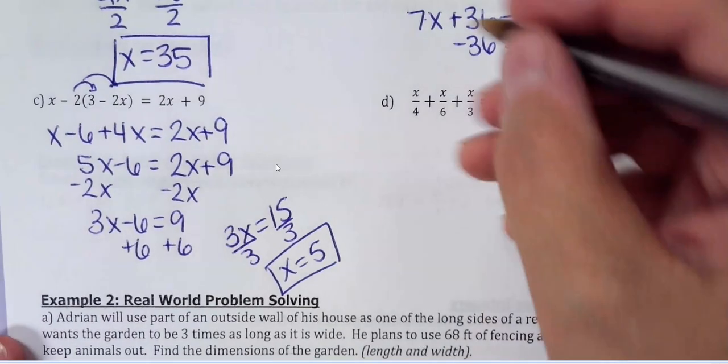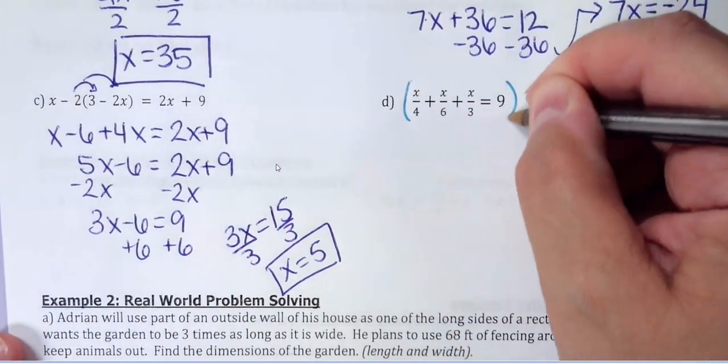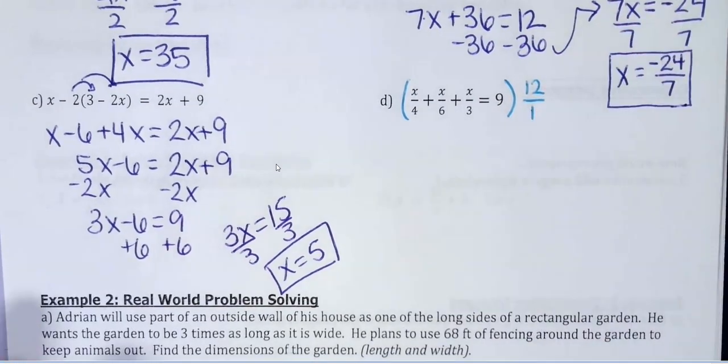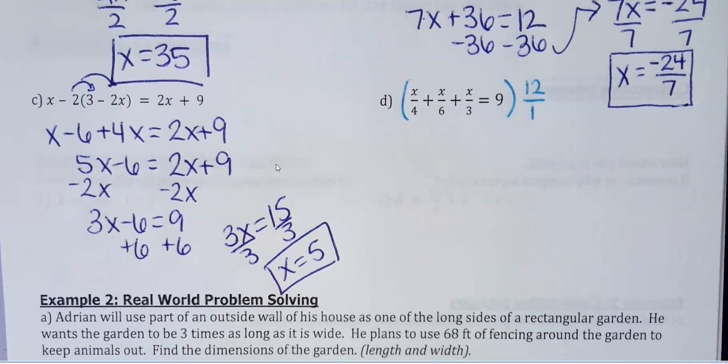So if you're not into doing the fraction, okay, I'm just going to multiply everybody by 12. You could use the 24, you could use 36, it's up to you. It will look a little different than mine as you go through it, but we'll have the same answer at the end. But if you can pick a number that all 3 of those denominators will go into, you can just cancel out the fractions.